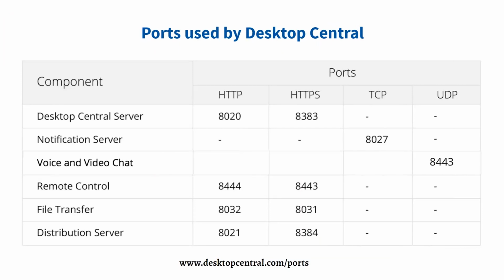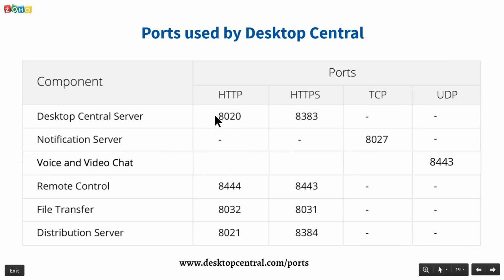All right. So these are all the ports used by Desktop Central. You may need to open these ports on Desktop Central Server to make use of the required features. For example, voice and video chat is one of the features associated with the product, and works on UDP port 8443.